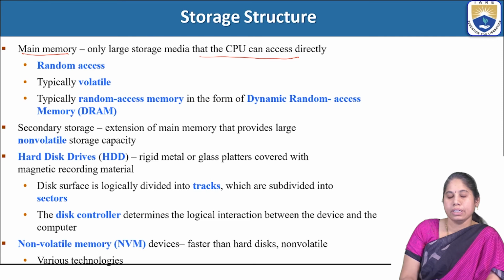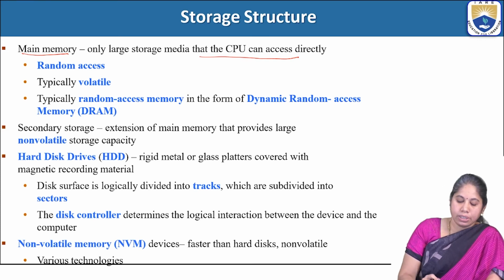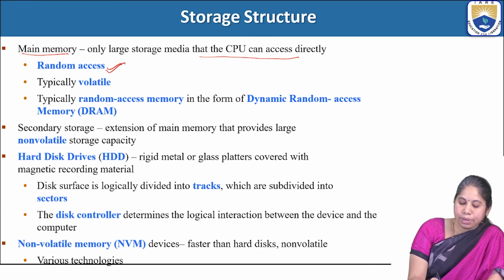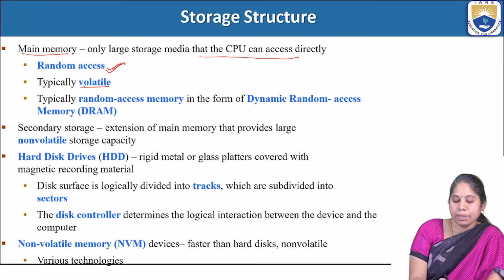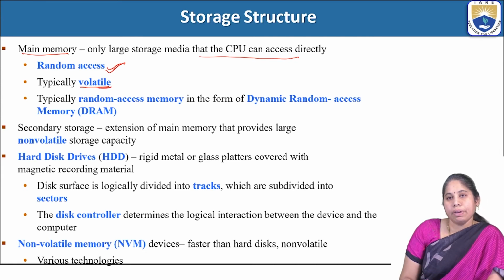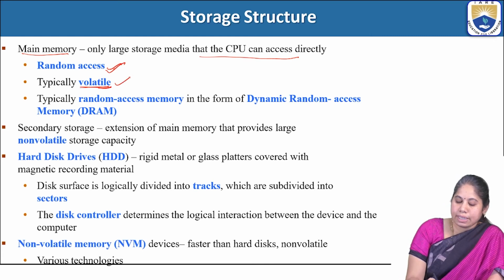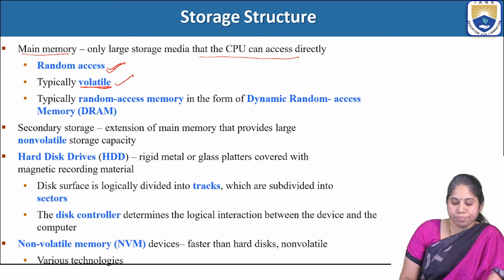RAM is random access memory and ROM is read-only memory. Whatever information you store in random access memory is volatile, meaning it is lost immediately after the power is turned off.